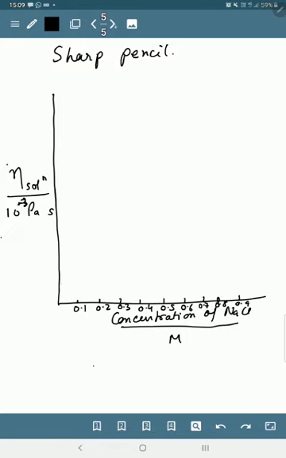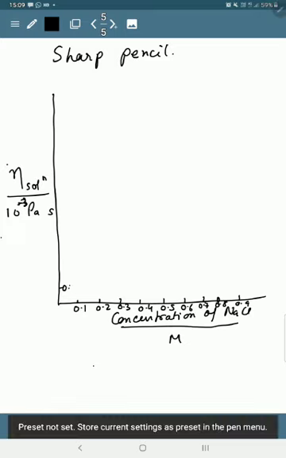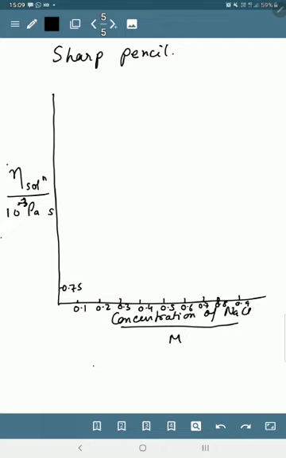So on the y-axis, please take an axis which is measurable. So let's say you take 0. I'm so sorry, my tab is very small and I'm writing the numbers to the right of the axis. But when you are plotting a graph, you will be plotting in such a way that these numbers are to the left of your axis. Please understand. So your first value, let's say, is 0.74.